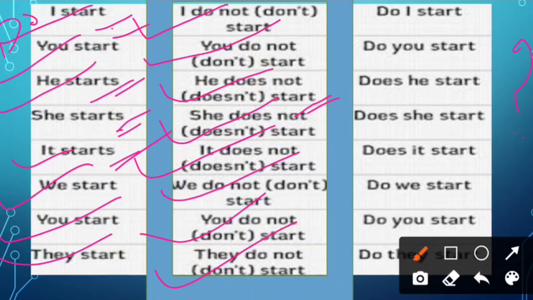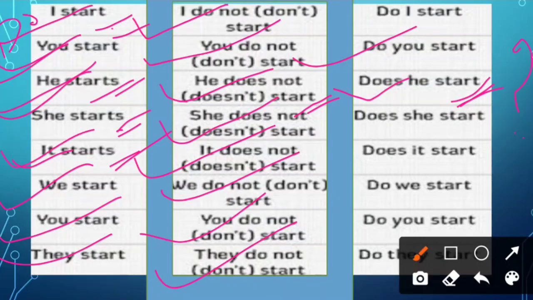A question mark will be added at the end in these sentences. You start. Do you start? He starts. Now again, does he start? Here s or es will not be there, but at the end you will find the question mark.